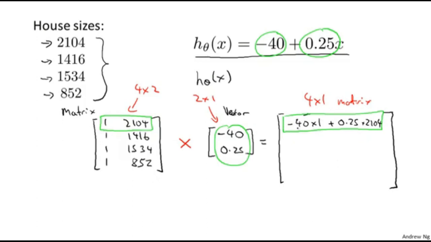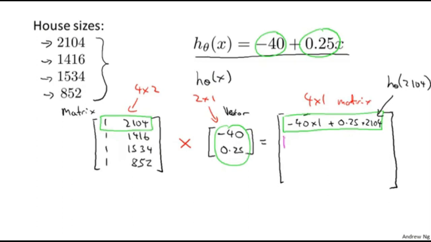By the way, on the earlier slides, I was writing 1 times minus 40 and 2104 times 0.25, but the order doesn't matter. Minus 40 times 1 is the same as 1 times minus 40. And this first element, of course, is h applied to 2104. So it's really the predicted price of my first house. Well, how about the second element?